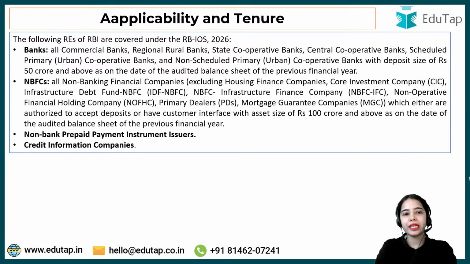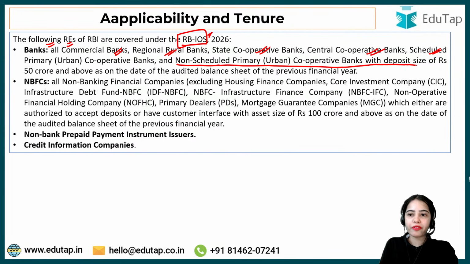Now, applicability and tenure. The following regulated entities are covered under the Reserve Bank Integrated Ombudsman Scheme: all the commercial banks, all the RRBs, state cooperative banks, central cooperative banks, scheduled primary urban cooperative banks, and non-scheduled primary urban cooperative banks with a deposit size of rupees 50 crore and above.